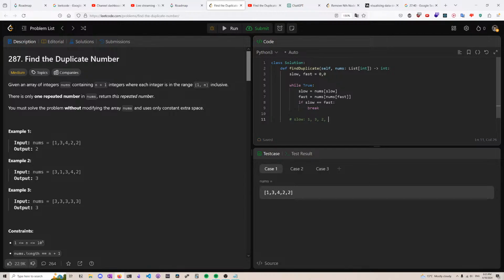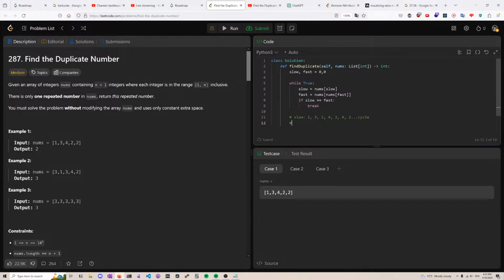Nums of 2 is 0, 1, 2, 4. Nums of 4 is 0, 1, 2, 3, 4 is 2. Nums of 2 is 4. Nums of 4 is 2. Okay, now we're going to have a cycle.